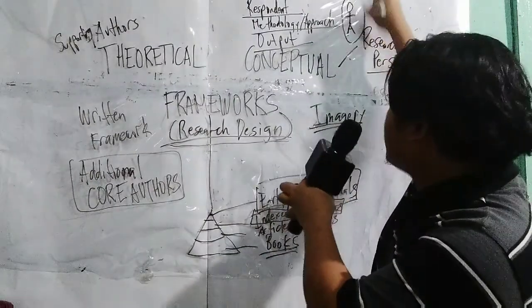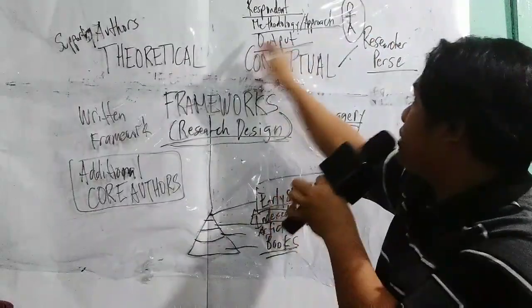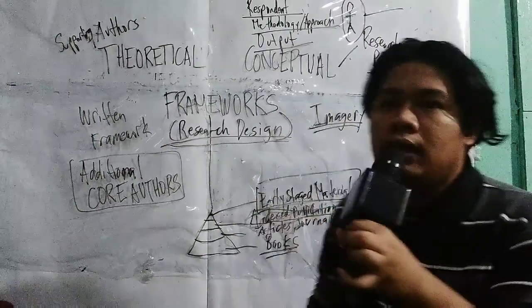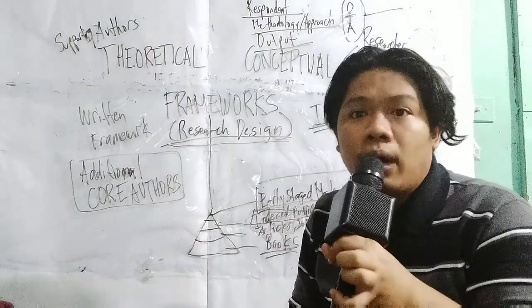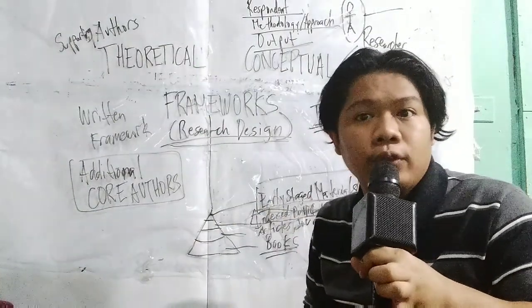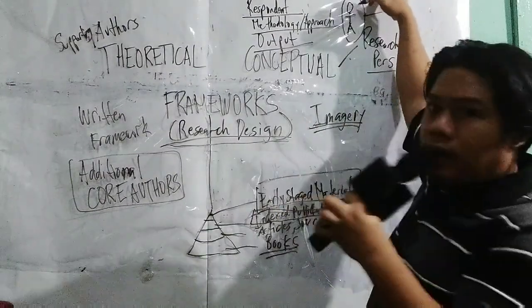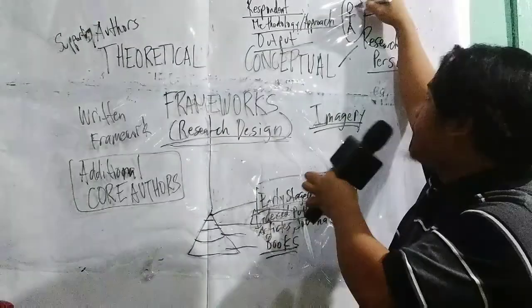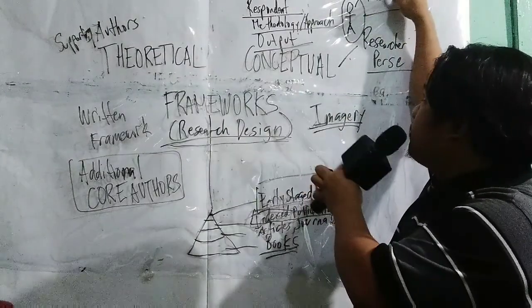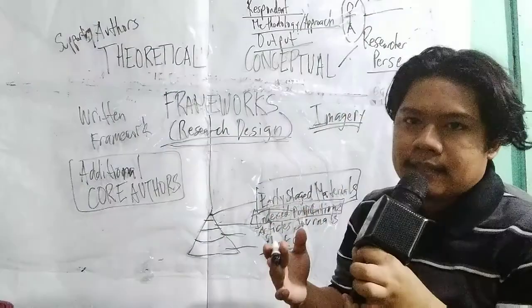So we go first to the respondent, then afterwards we go to either the methodology or the approach in which you want to interpret the respondent to. Let's say for example that this respondent is rendered as a student. Let's put him as a student.